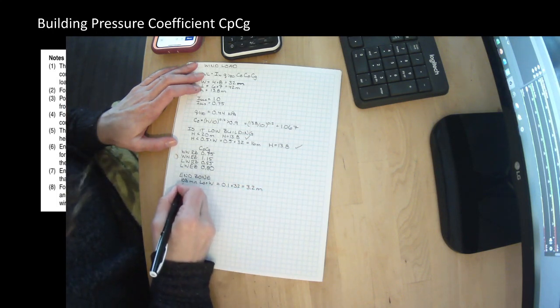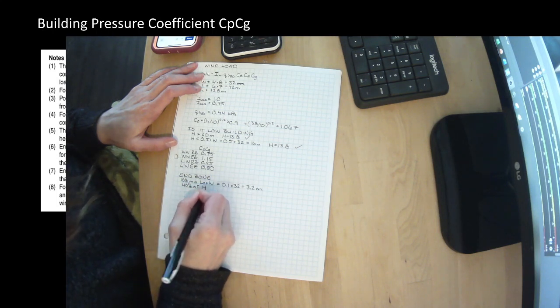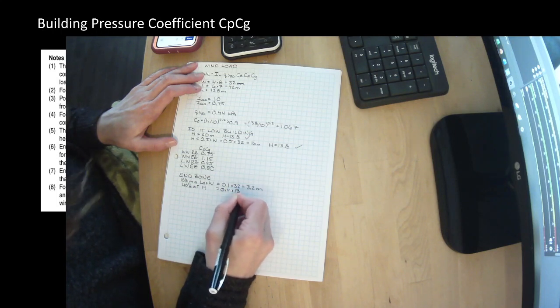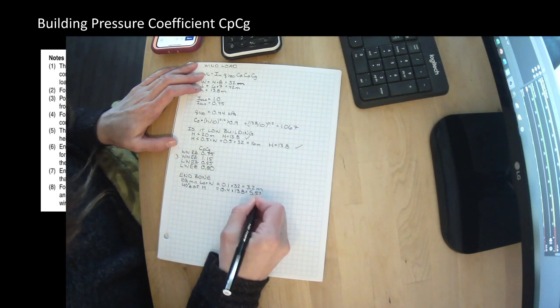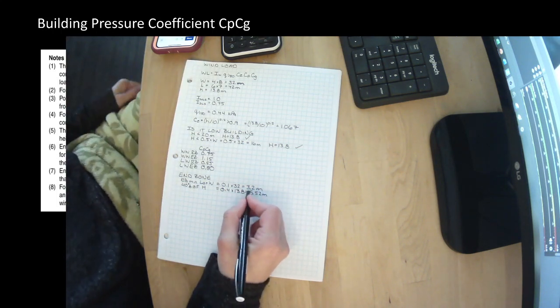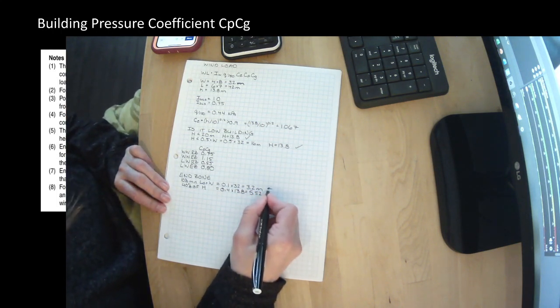The other one was 40% of H, or 0.4 times 13.8 equals 5.52 meters. So we need the lesser of these two. So it's not this, it's this.